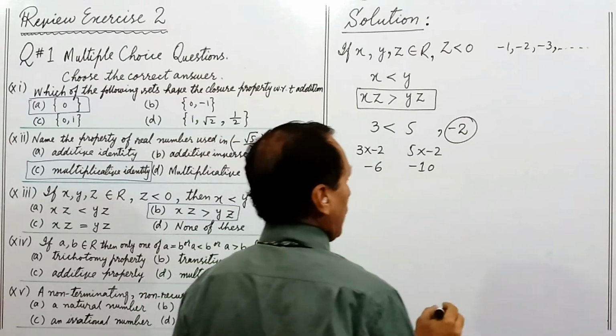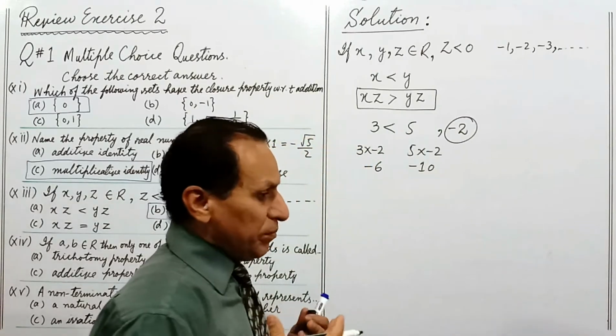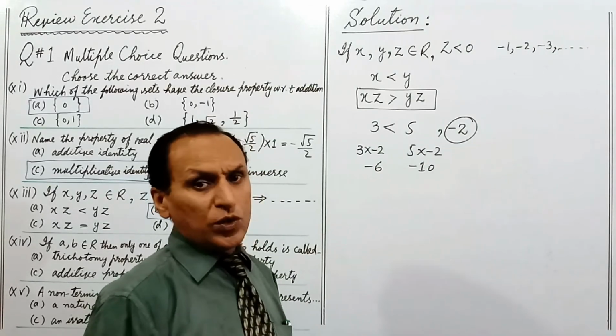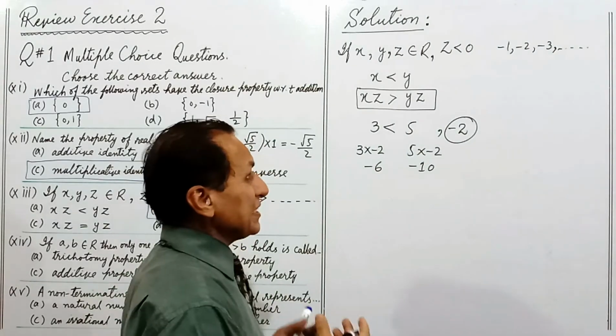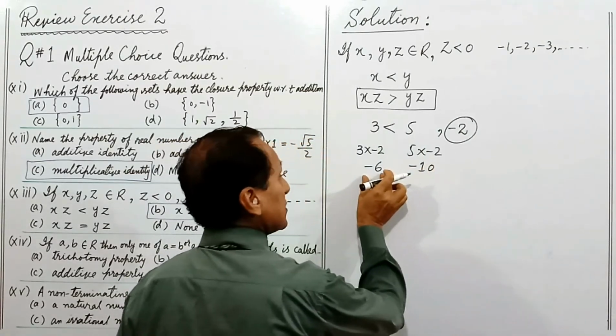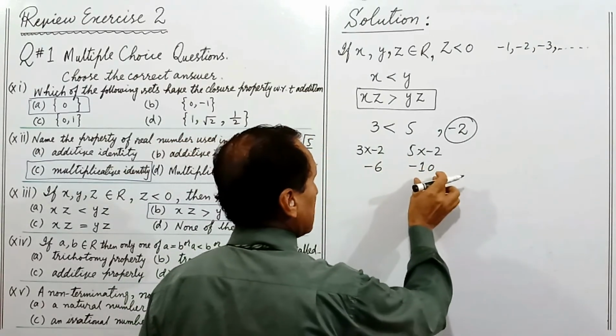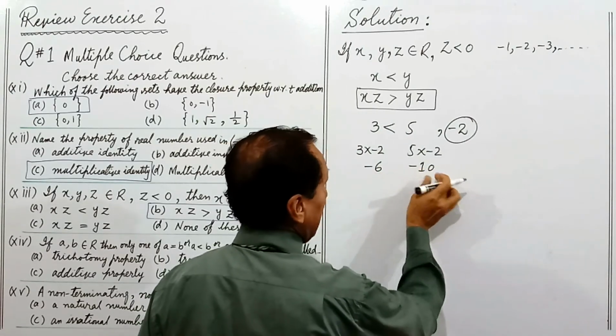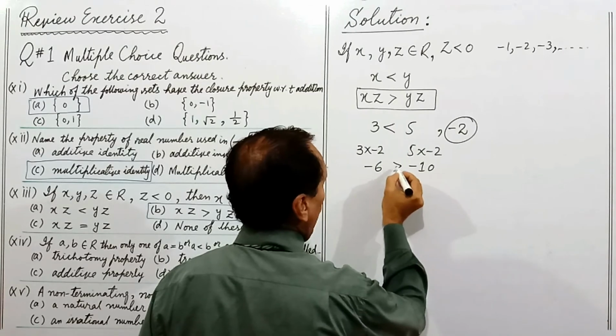And we know, according to the concept of the real number line, or the concept of integers, that minus 10 is smaller than minus 6. So minus 6 is greater than minus 10, and we write the symbol over here.